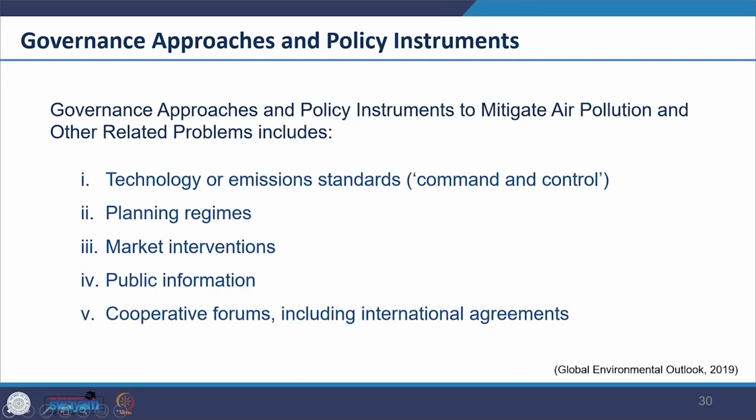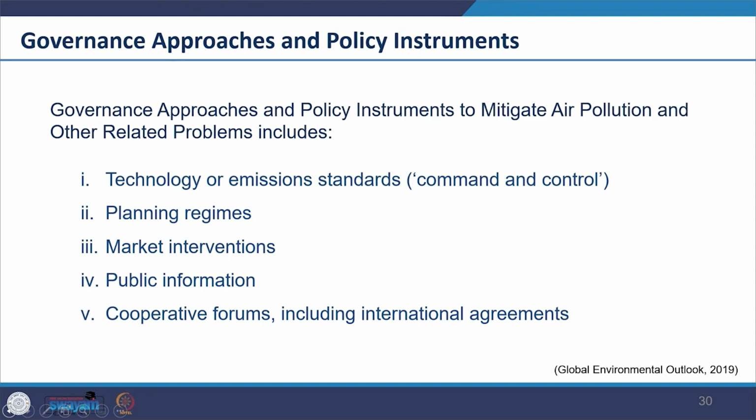And there are a number of international, national, subnational and regional policies that have been arranged to address these challenges. If you look at these, you may focus on these terms, which are frequently used. The fundamental forms include technology or emission standards, and they are mainly referred to as command and control.